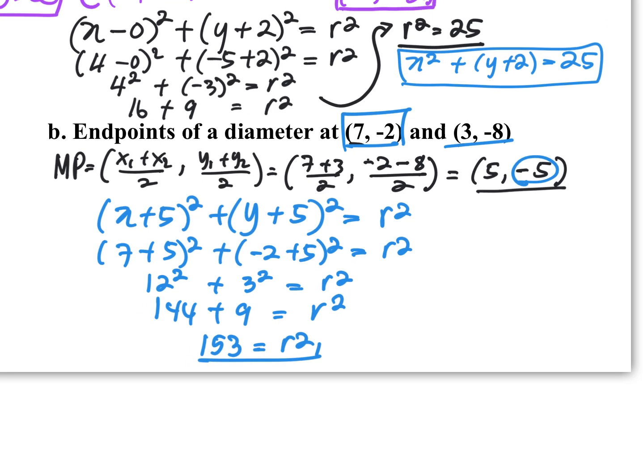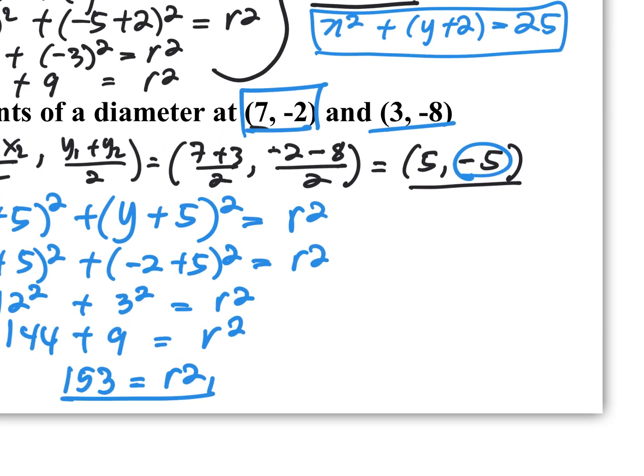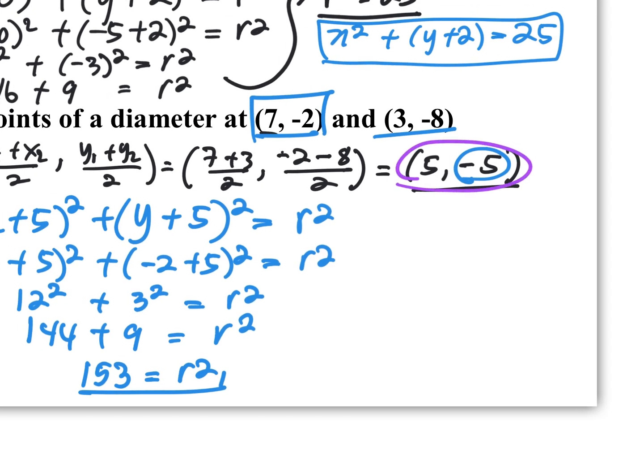Now let's put things together. Our equation here is going to be, the center is this one, so that's going to be (x − 5)² + (y + 5)² = 13. The 13 is not so clear, so can I just write it down here?